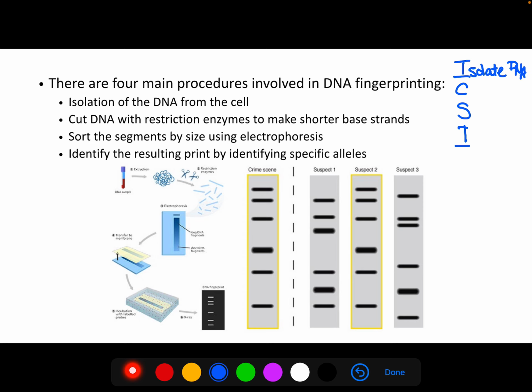The second step is to cut the DNA. Sorry, I put C twice. So cut the DNA using restriction enzymes. Then we have to sort the DNA. And then we have to identify the DNA.